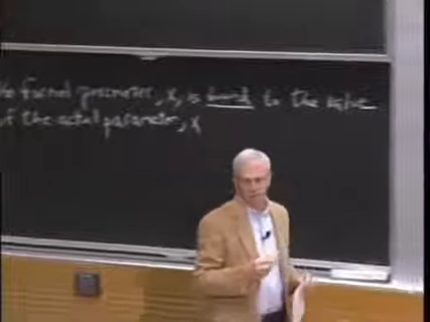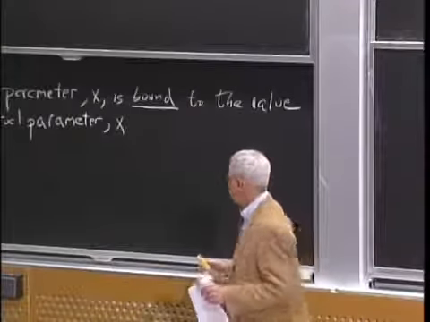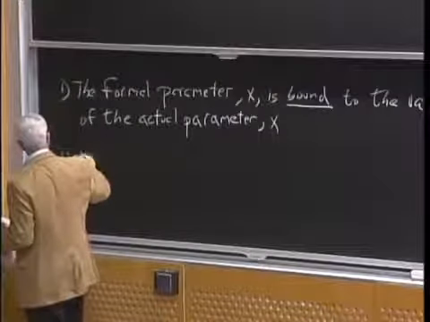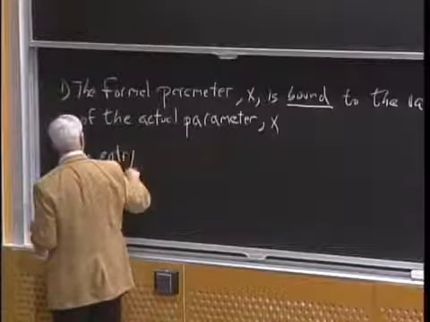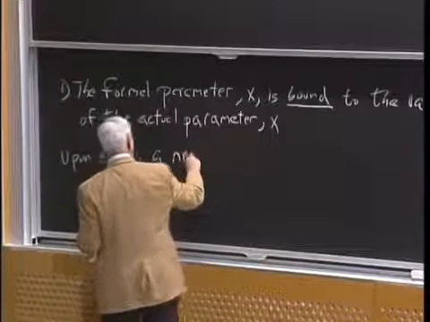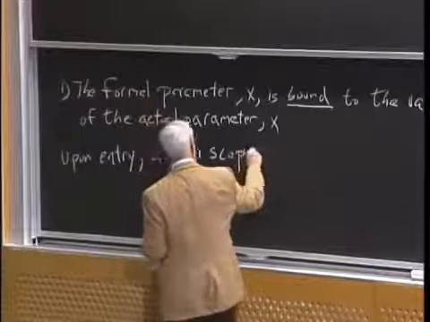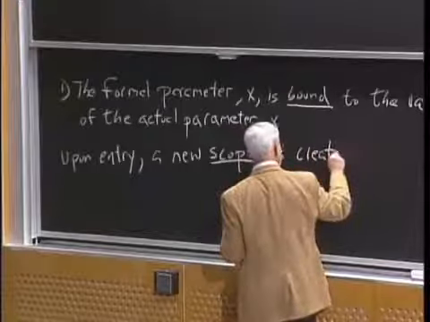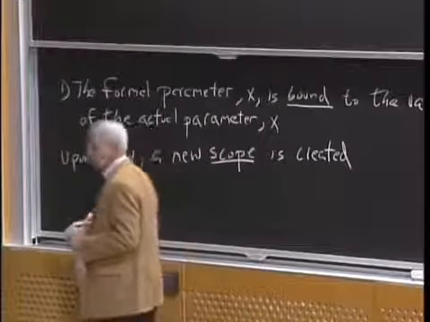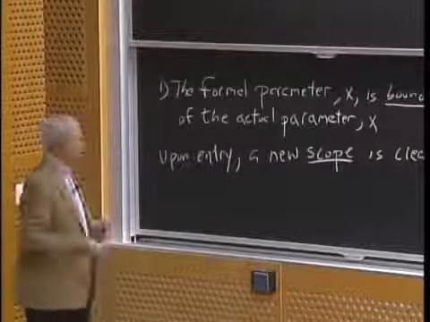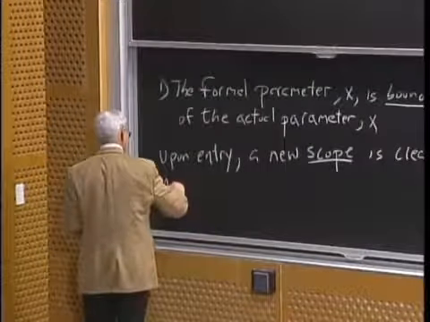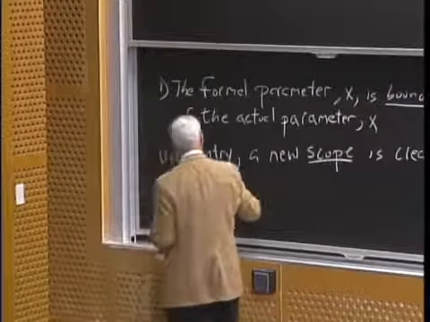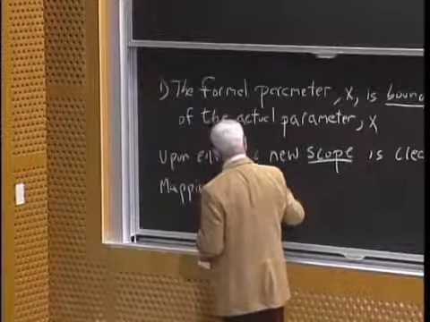But what's happening here is when you enter a function, upon entry of the function, a new scope is created. What's a scope? A scope is a mapping from names to objects.